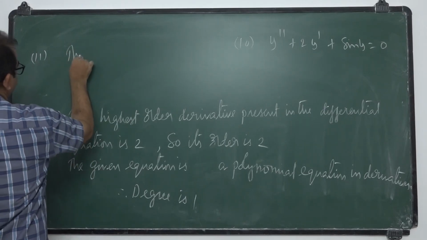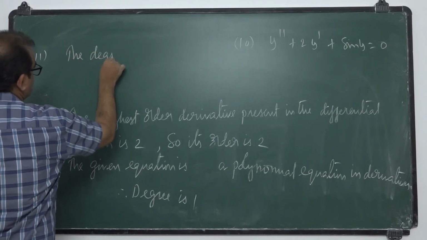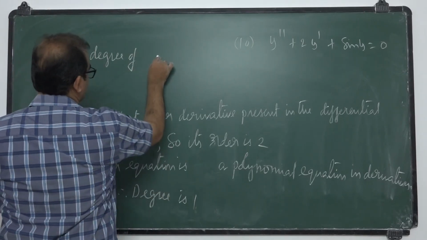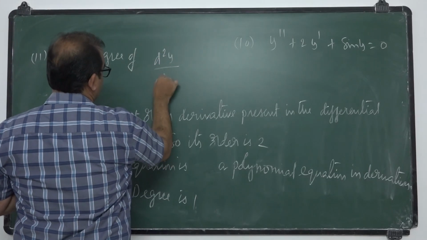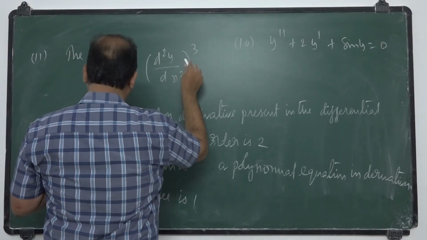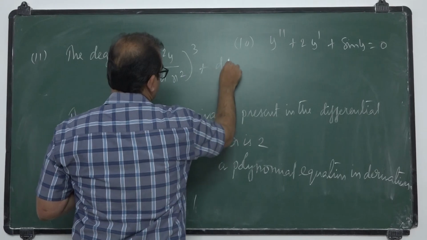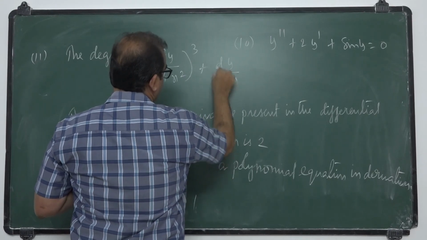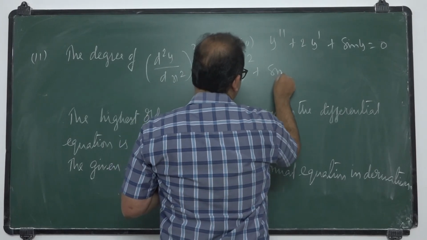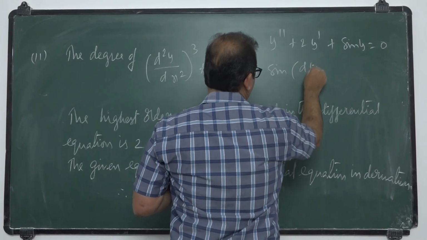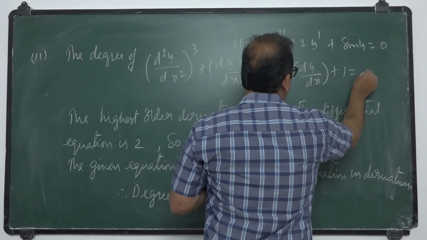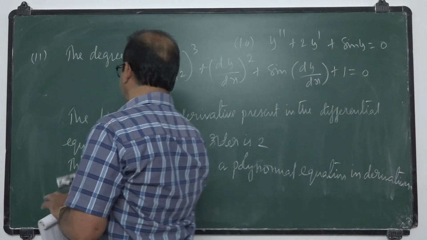Eleventh, the degree of the differential equation (d square y by dx square) whole cube plus (dy by dx) whole square plus sine of dy by dx plus 1 is equal to 0.